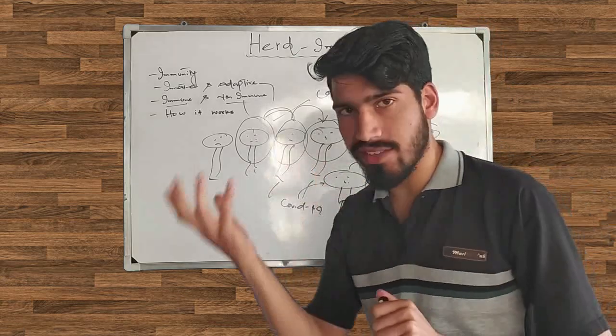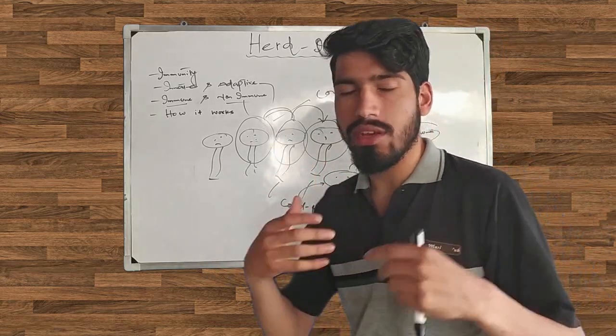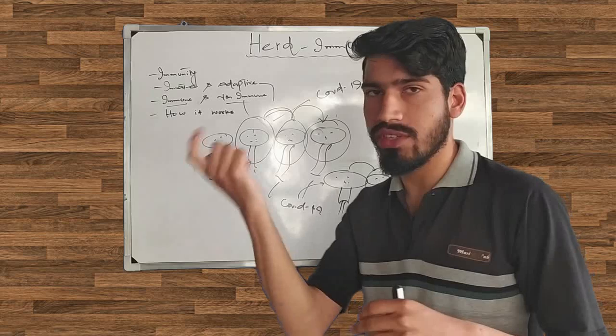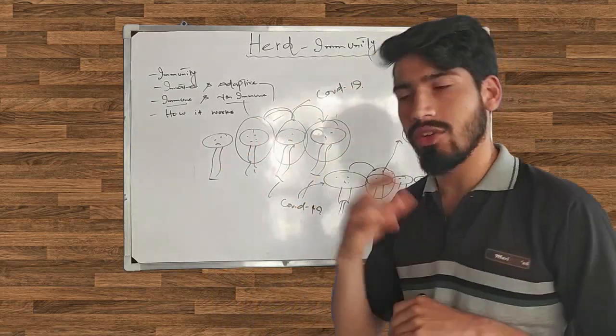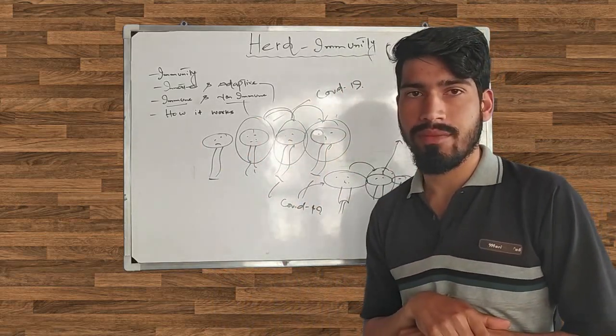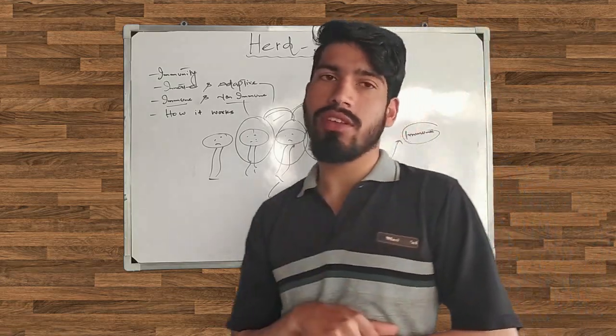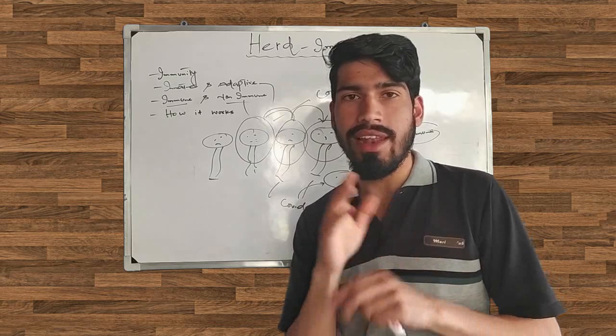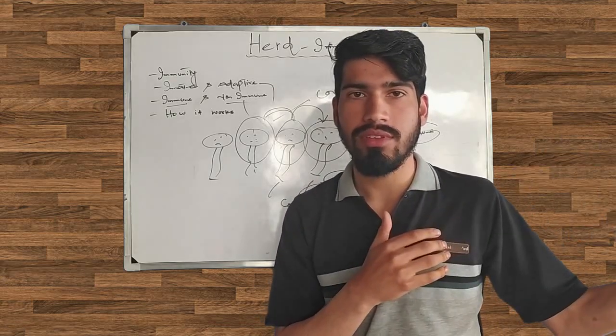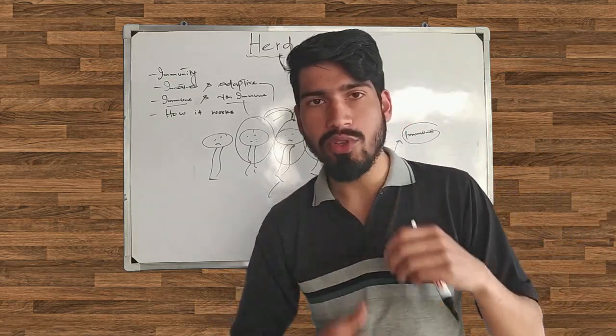If a person is vaccinated, then the immune system produces antibodies against COVID-19 or against the disease. That is one thing. The next thing is to let people be exposed, catch the disease, and produce natural immunity.